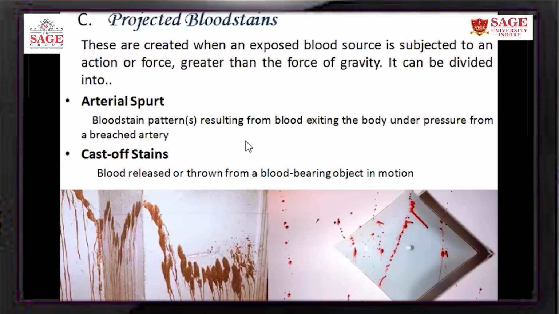Then there is cast-off stains. Like if I'm using a knife and I try to cut the neck of a person, I'm using that knife with a force. Once the blade of the knife comes into contact with the skin, it will cut the neck and there will be some blood on it.